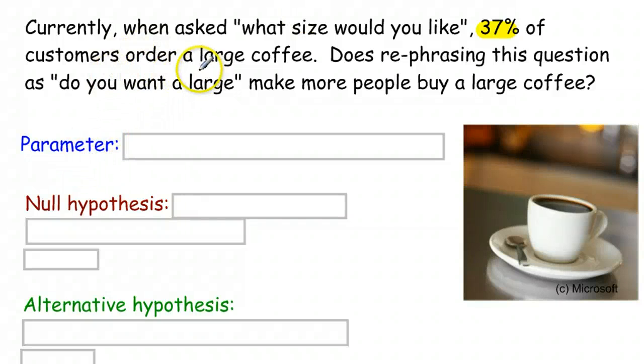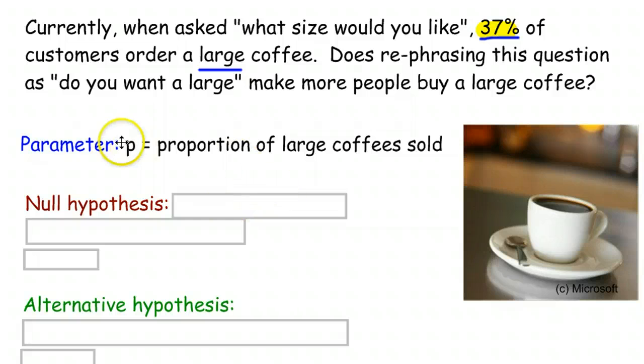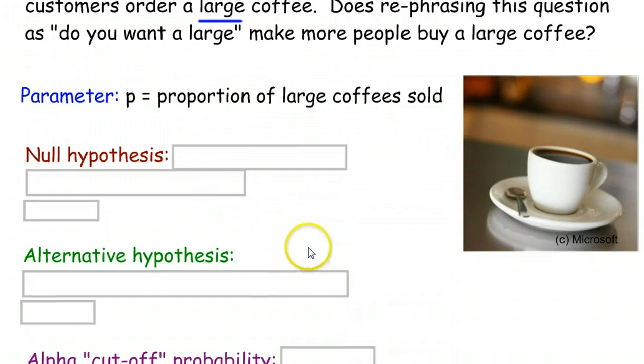The number of large coffees that are purchased out of all of the population that comes to your store is what you're trying to guess. 37% of customers is the current value. So you're dealing with a proportion, whether they get a large or not. So the proportion of large coffees sold is going to be your parameter. Jump to our alternative.